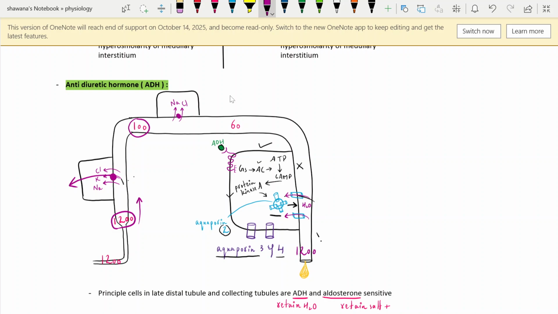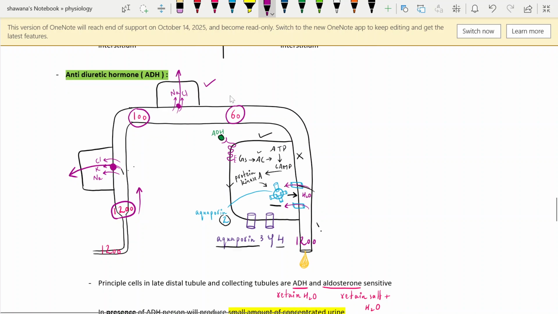And in the distal part, more specifically the early distal tubule, further sodium and chloride are reabsorbed and the tubular fluid becomes even more hypoosmolar, and this part of the nephron, the distal tubule, is also known as the cortical diluting segment.